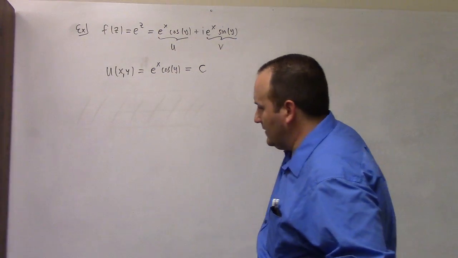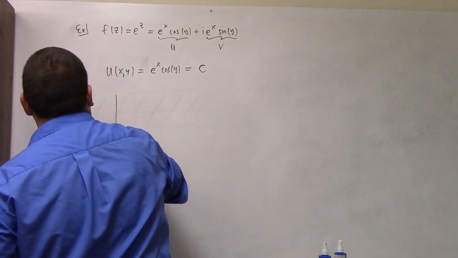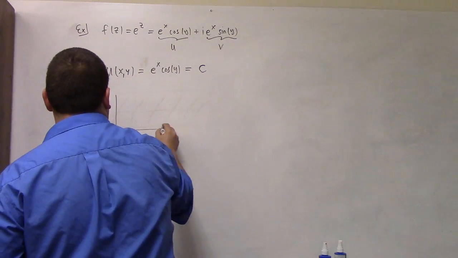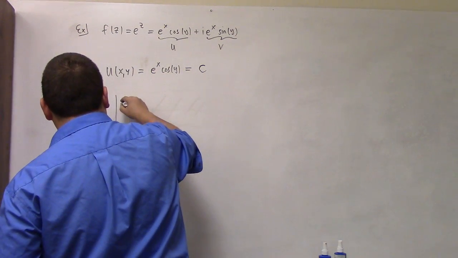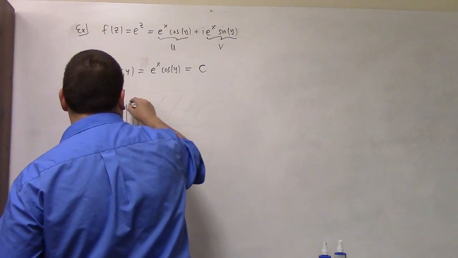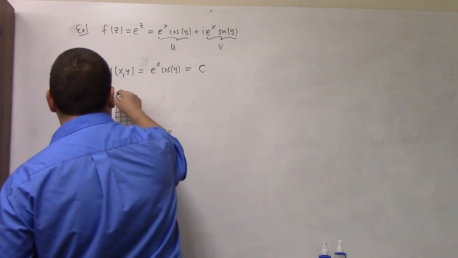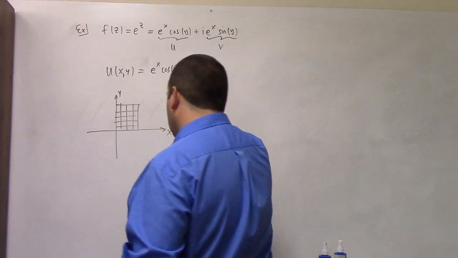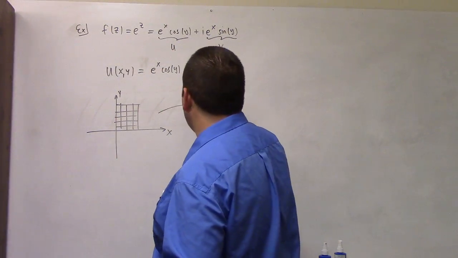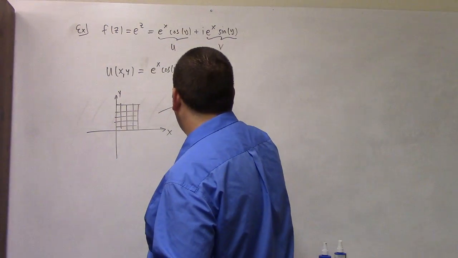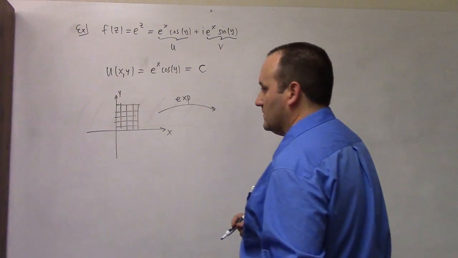I guess the easier thing to think about, right, is if you take a grid in the xy plane, like this, and then you map it by the exponential function, what happens to it?